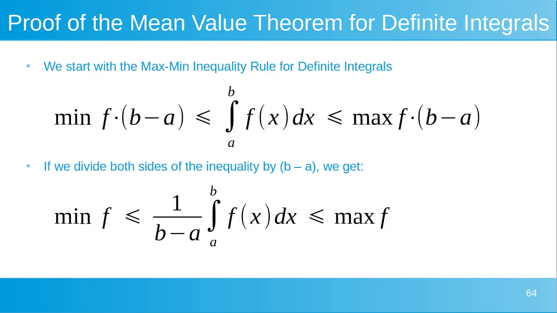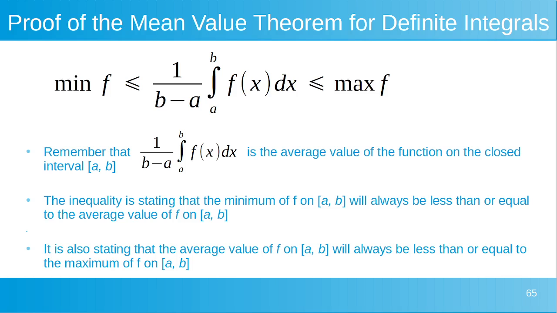If we divide both sides of the inequality by b minus a, we get min f is less than or equal to 1 over b minus a times the integral from a to b of f of x dx, and that's less than or equal to max f.